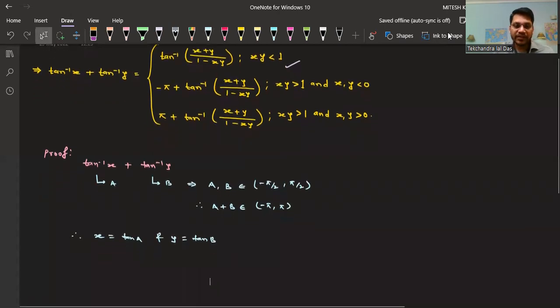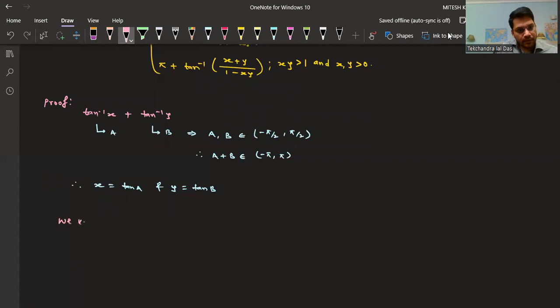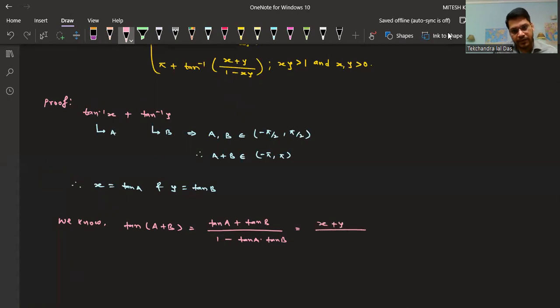From that formula we can relate a, b and x, y. So we know tan of (a plus b) is (tan a plus tan b) divided by (1 minus tan a into tan b). Just replace tan a by x and tan b by y. So we'll get (x plus y) divided by (1 minus xy).